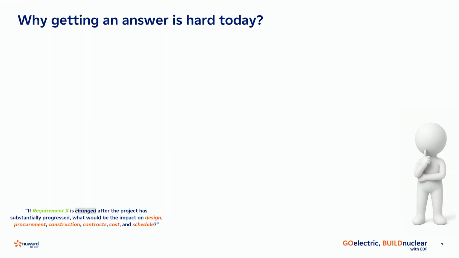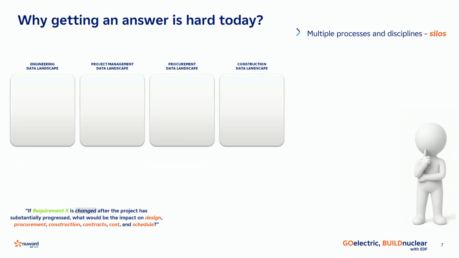So why is getting an answer so hard today? The first thing to think about in a project, all along the life cycle, is that you've got multiple silos. You've got the engineering, the project management, the procurement, the construction.